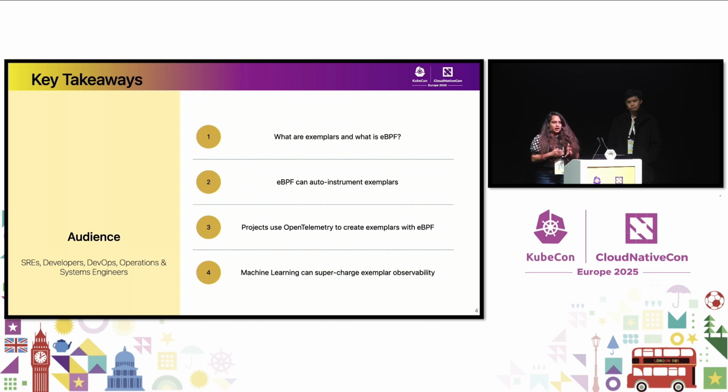We'll go into how you can use eBPF to auto-instrument exemplars. And then we'll talk about projects that use OpenTelemetry to create exemplars with eBPF, and we also have a demo for that. And finally, we'll talk about how you can use machine learning to supercharge your exemplar observability.